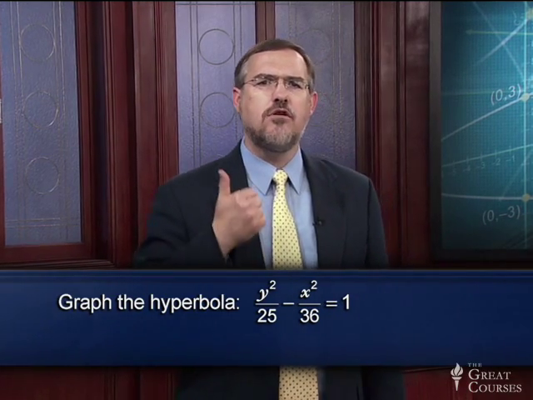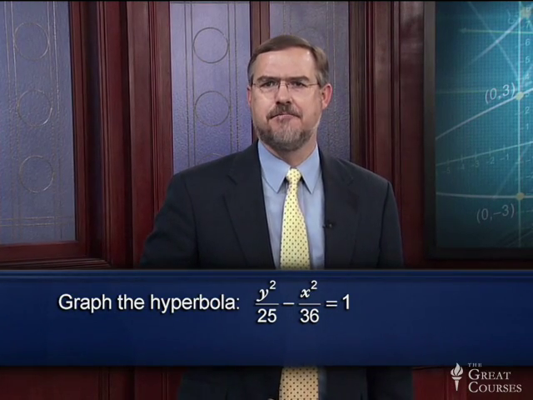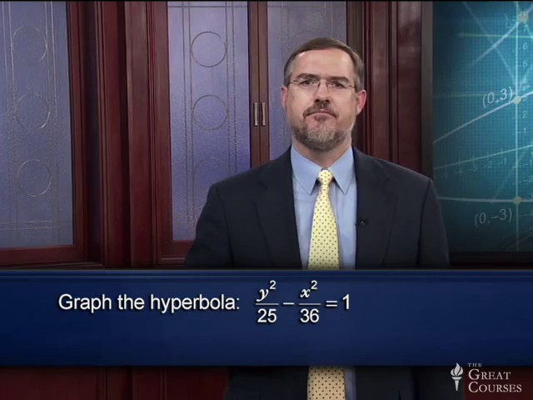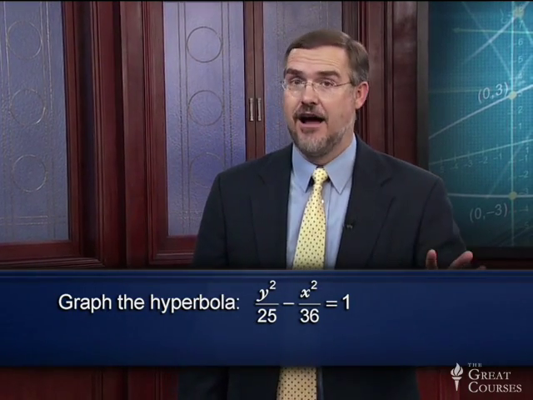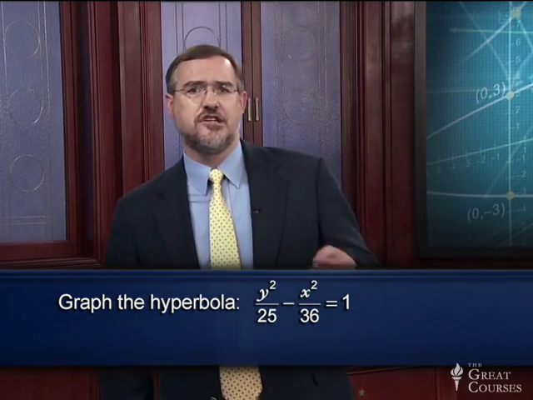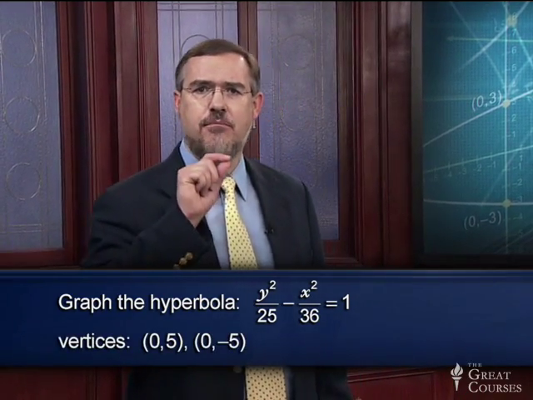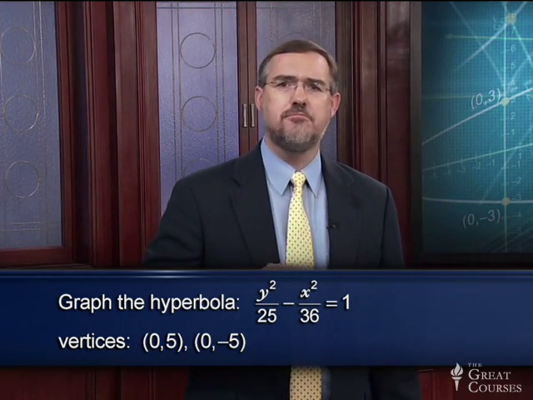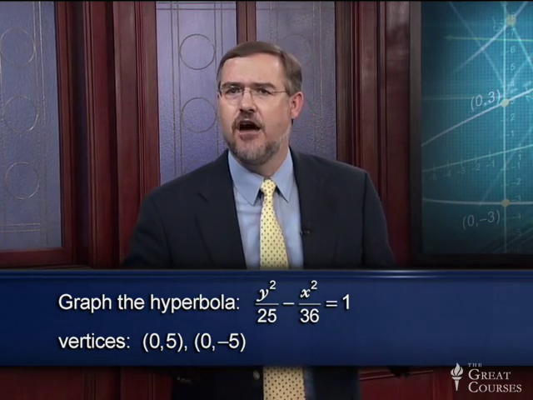Next, where will the vertices for those two pieces of the hyperbola be? Well, look at the denominator of the y squared term. Since 25 has a square root of 5, we know that the vertices are going to be located on the y-axis at (0, 5) and (0, -5). And those two points act, if you will, like the launching points for the pieces of the hyperbola.